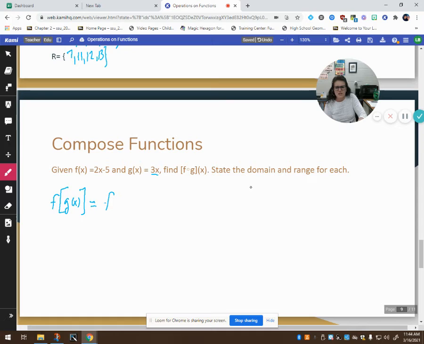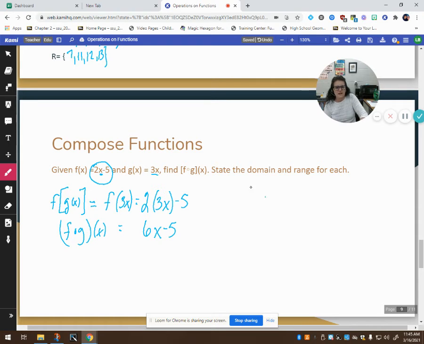So it's telling me to evaluate f of x, but instead of doing f of x, I've got to do f of 3x. So taking this function, wherever there's an x, I'm going to plug a 3x in place of it. So I have 2 times 3x minus 5. We can simplify this, and I get 6x take away 5. So that is f of g of x.